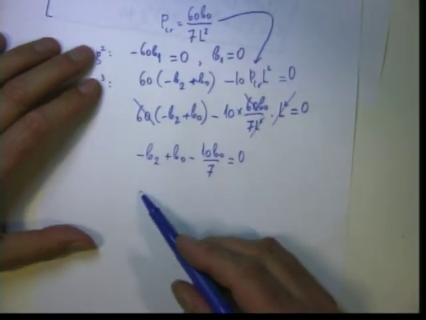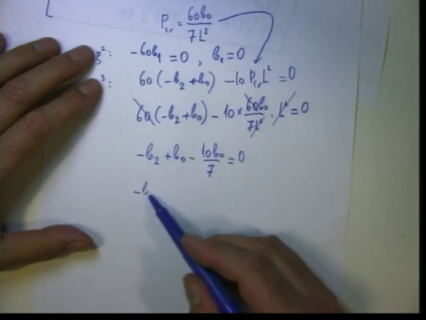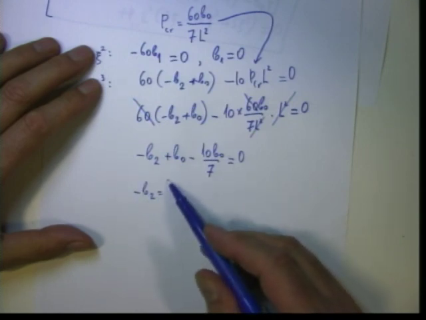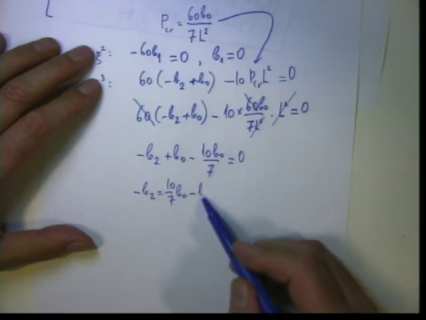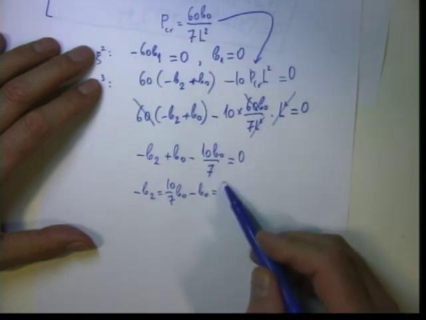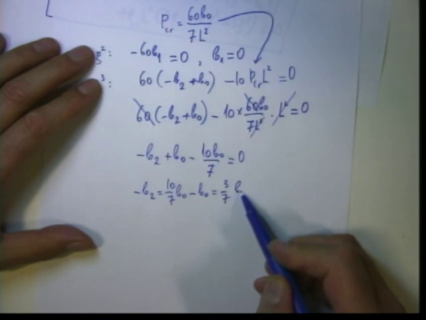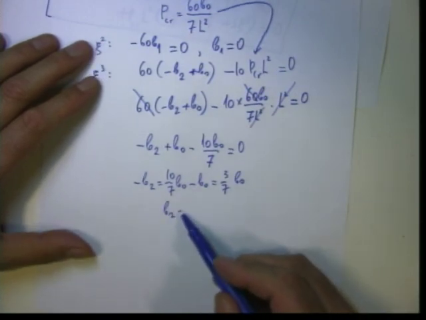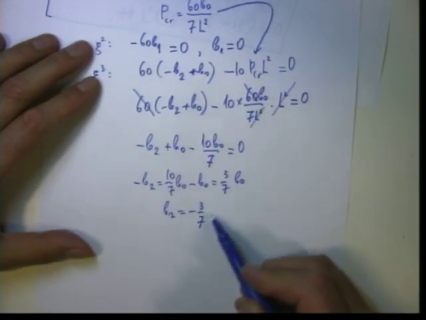Or minus B2 equals 10/7 B0 minus B0. So that is 3/7 of B0. So B2 equals minus 3/7 of B0.